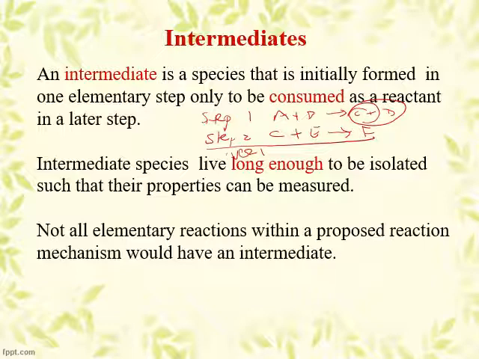Intermediate species live long enough to be isolated so that their properties can be measured. Not all elementary reactions within the proposed reaction mechanism would have an intermediate.